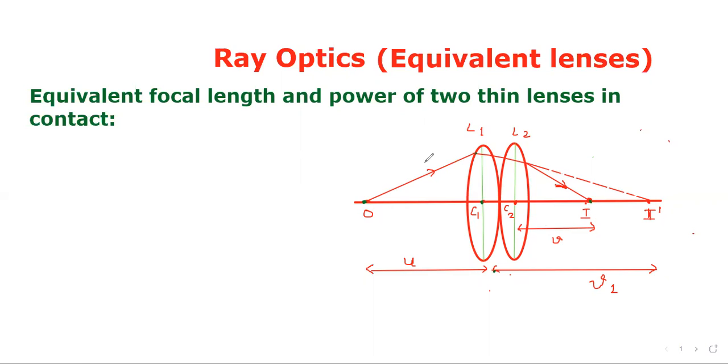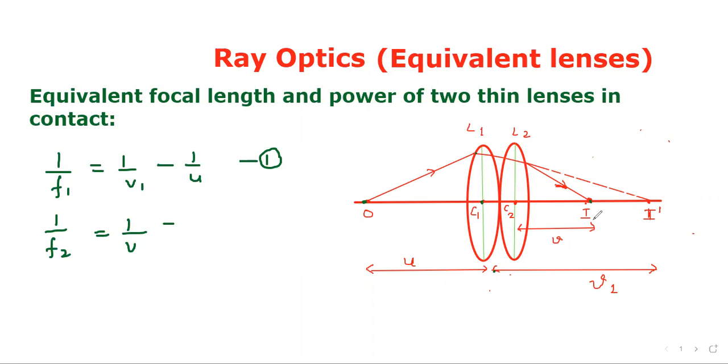Now let's write the equations for the lenses. For the first lens, 1 upon f1 equals 1 upon v1 minus 1 upon u, equation number 1. And for the second lens, we write 1 upon f2 equals 1 upon v, because the final image is formed at I, which is V, and for the second lens, I dash acts as a virtual object.